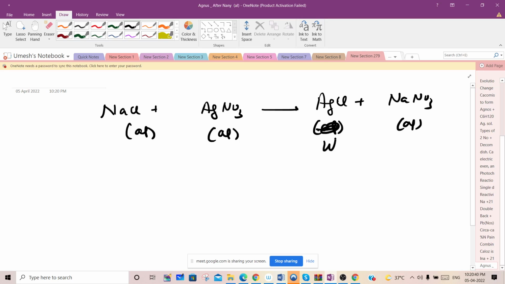This is the white colour precipitate. What is the name of the reaction? What type of reaction is it? Double displacement reaction.